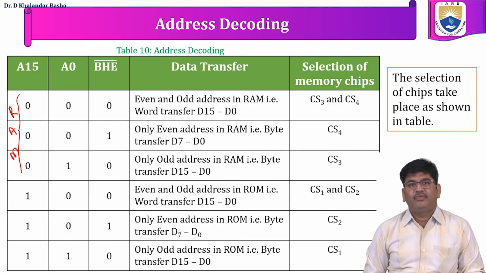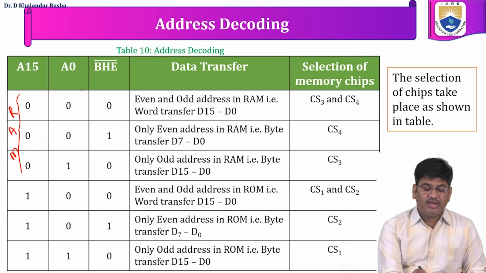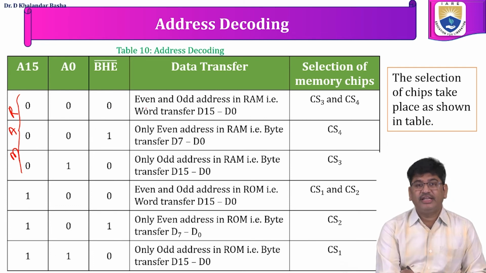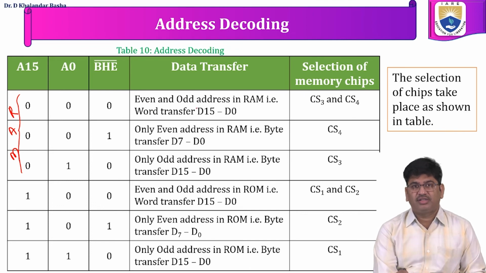So now we will say which memory banks are enabled. As A15, A0, BHE bar possess 000, it indicates it is a word transfer from both even and odd address.